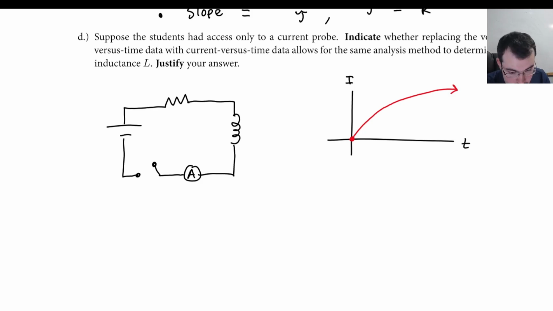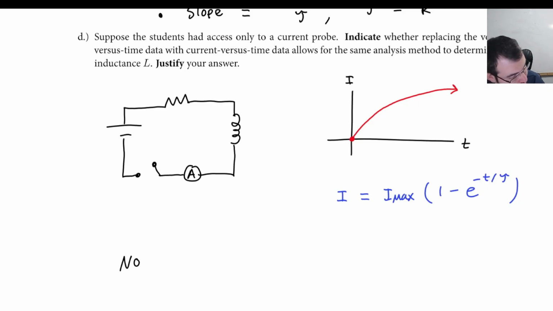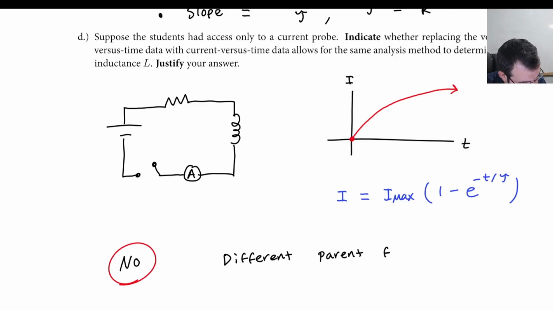So no, we can't do that, because what does this function look like? This would look like I is equal to I max times 1 minus e to the negative t over tau. So we see, no, this does not work because we have a different parent function.